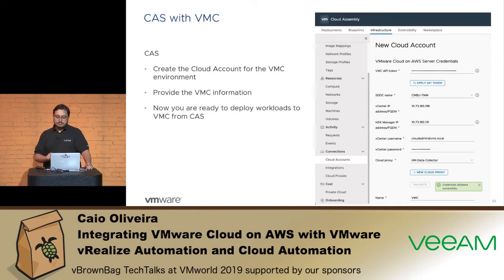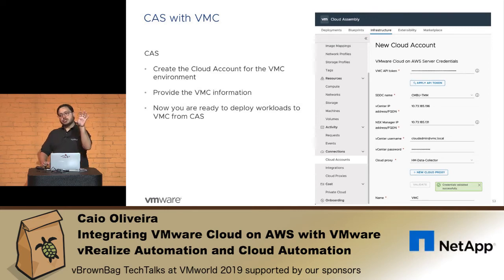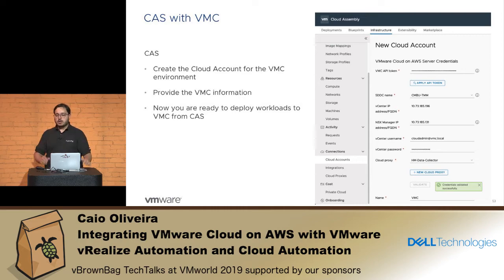This is a virtual machine that will be deployed in your environment to get connectivity between Cloud Automation Service and your environment in VMware Cloud on AWS, right? This is a simple OVA. You put in some simple information and you can make the connections, right?